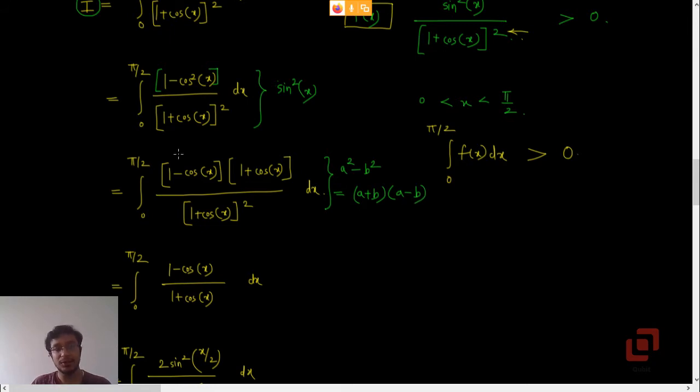So 1 minus cos squared x has now got factorized into (1 plus cos x) and (1 minus cos x). Then we can cancel 1 plus cos x with one of the factors in the denominator. So we have now got the integral from 0 to pi by 2 of (1 minus cos x) upon (1 plus cos x).